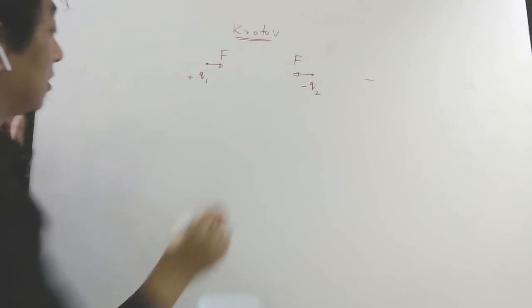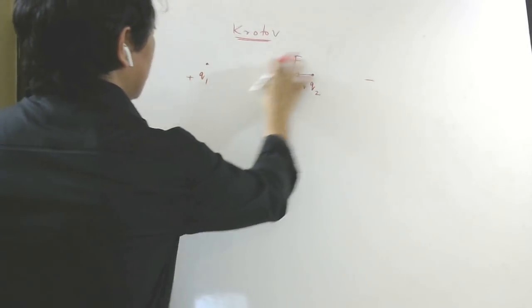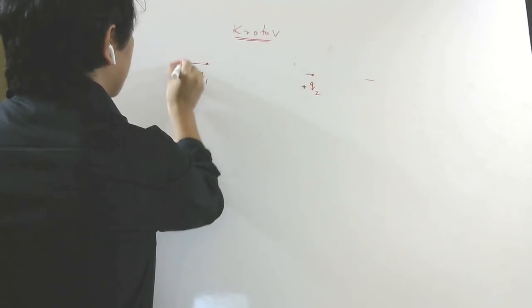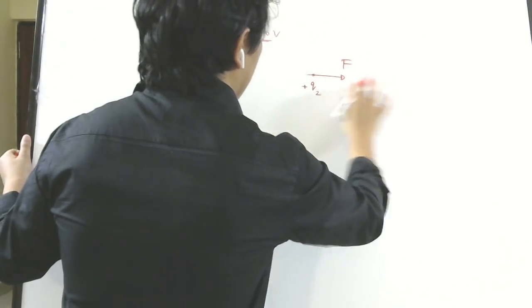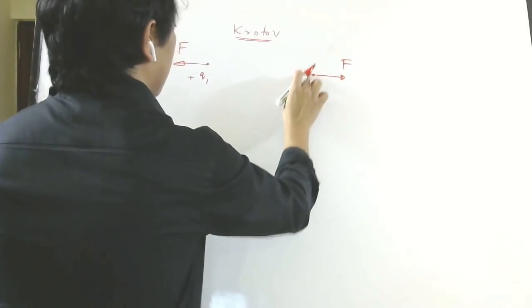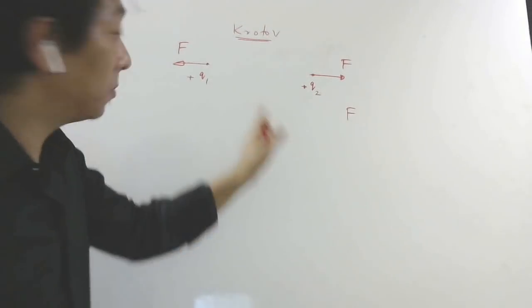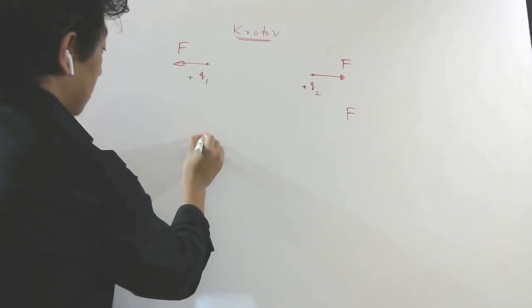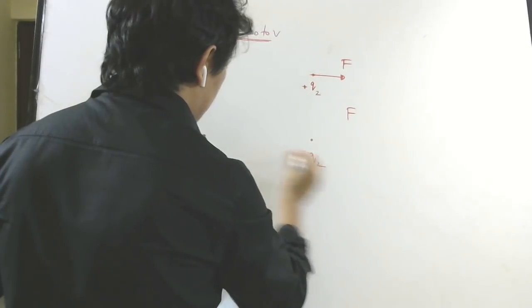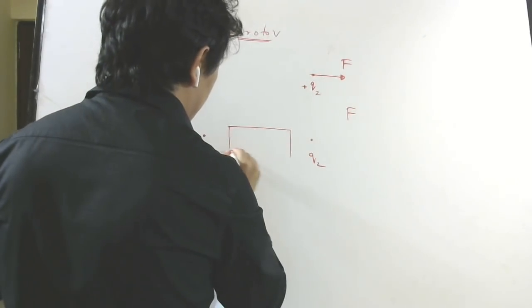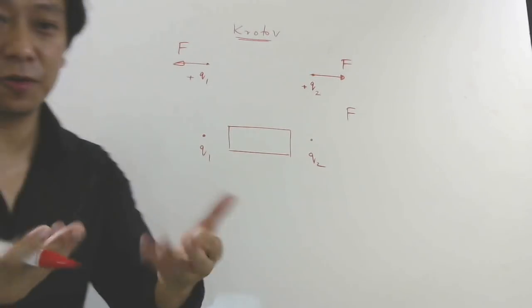Imagine both are plus, then the force will be repulsive. Let us call this force F, the force between these two. Now, keeping these two charges in the same place, I will put a dielectric medium, some insulating medium, maybe a glass rod or something.